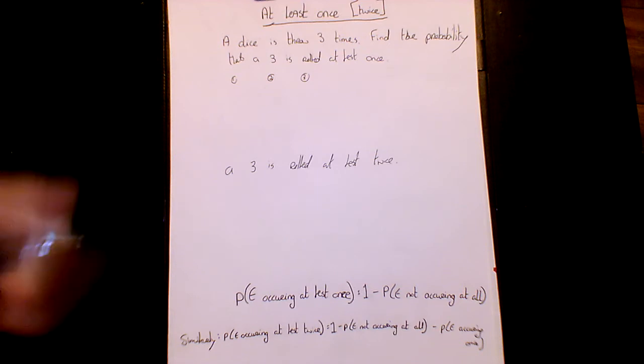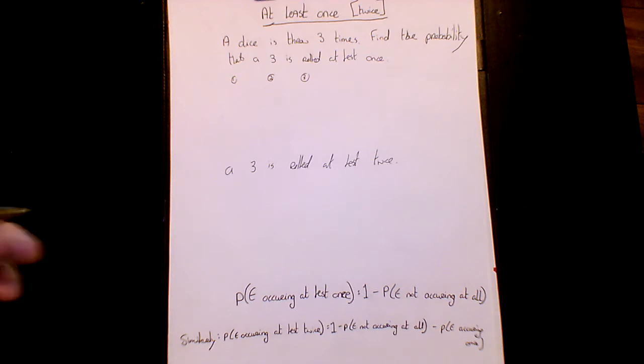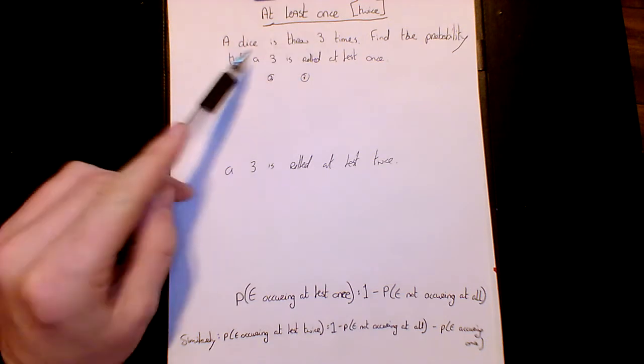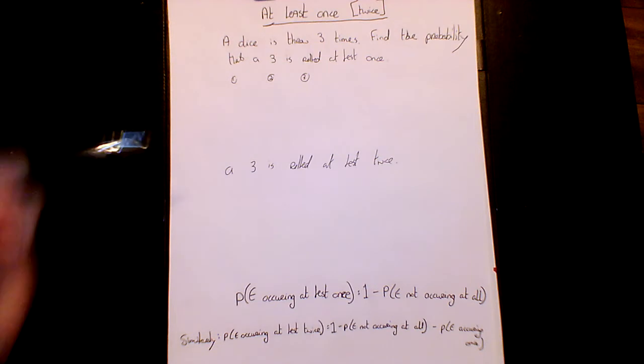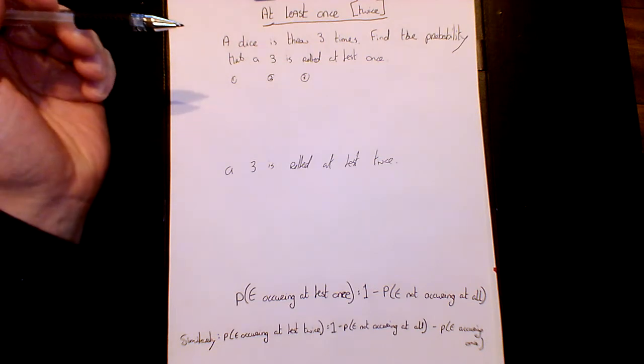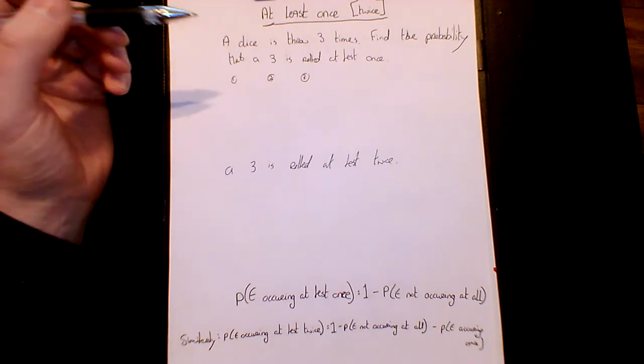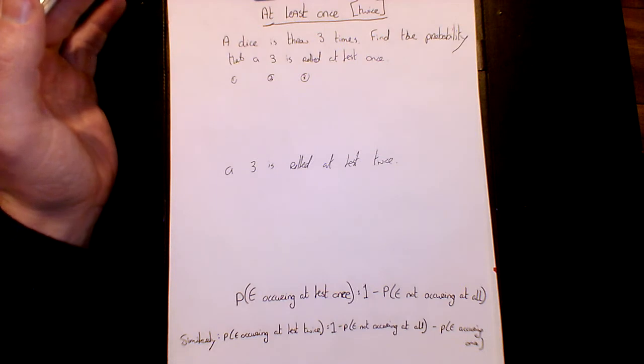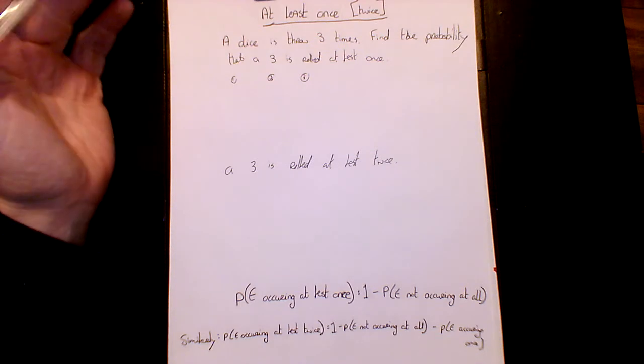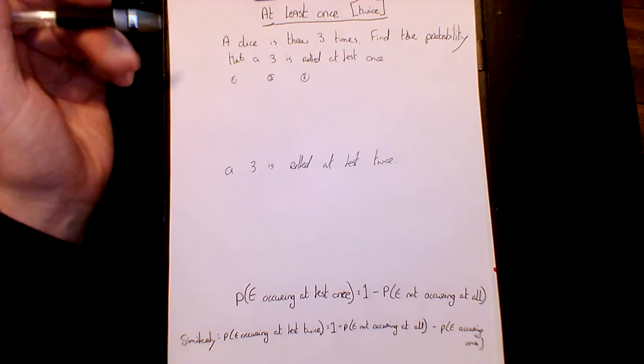At least once means it can be rolled once, twice, or 3 times. So how am I going to find the probability that a 3 will be rolled once, twice, or 3 times? In other words, at least once. Well, if I find the probability that a 3 is not rolled at all, and then I minus it from 1, that will give me the answer.